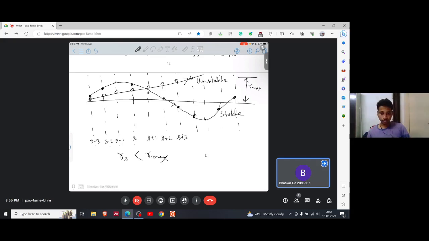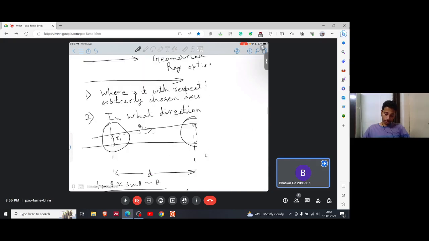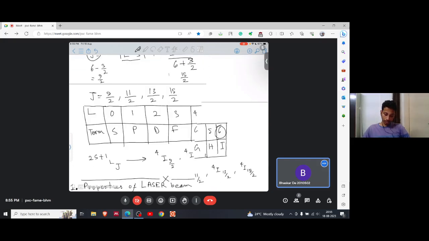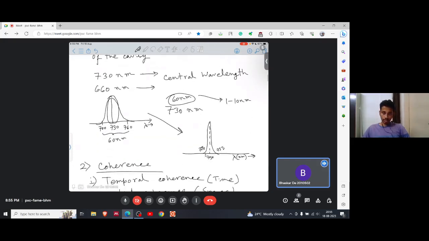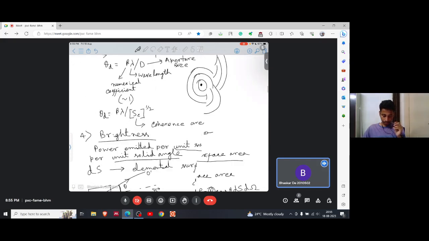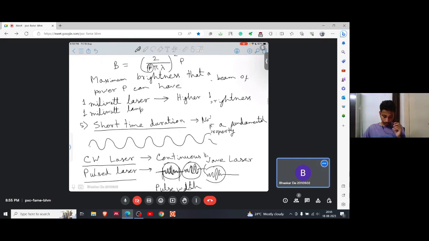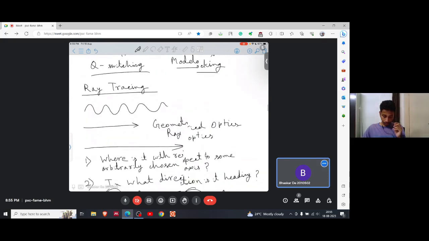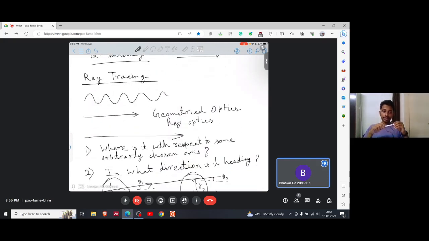Okay, so this is one of the very important concepts to understand the optical cavity that I have discussed today, that is the process known as ray tracing in geometrical optics.